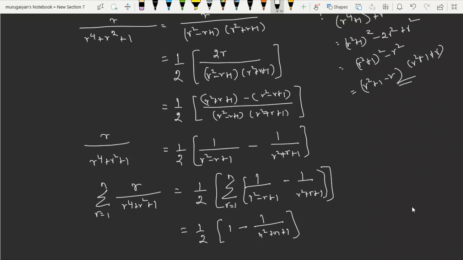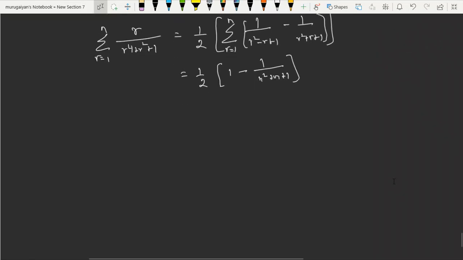Now we take the limit as n approaches infinity of the summation r equal to 1 to n of r divided by r power 4 plus r square plus 1.